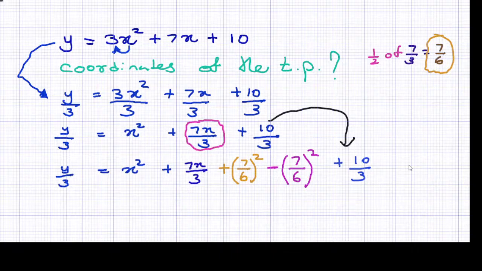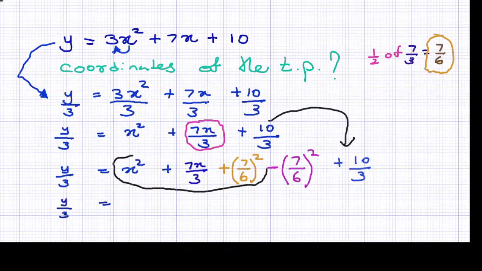So now I have y/3 equals x squared plus 7x/3 plus (7/6) squared. This part, which I'm encircling in black, can be converted to a whole thing squared.